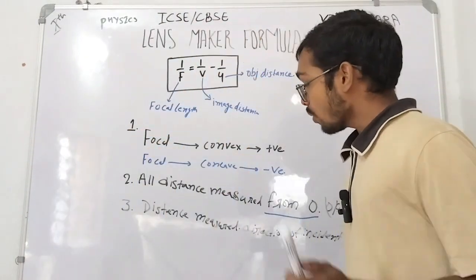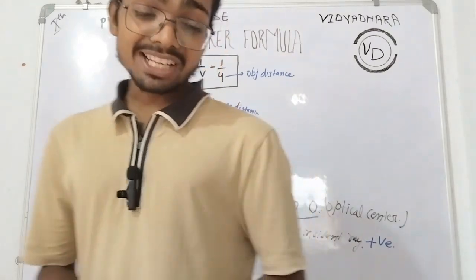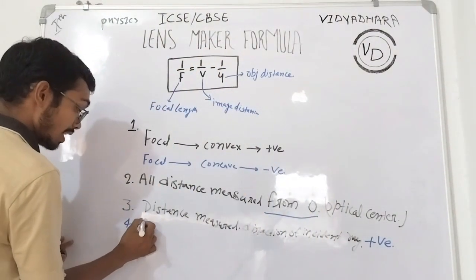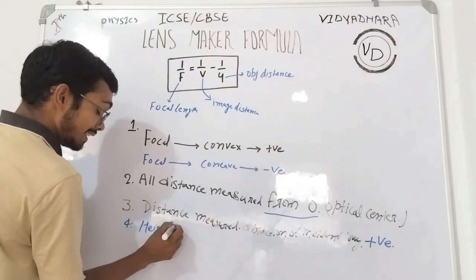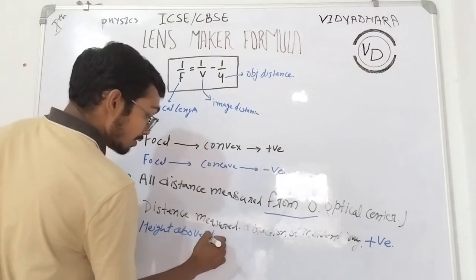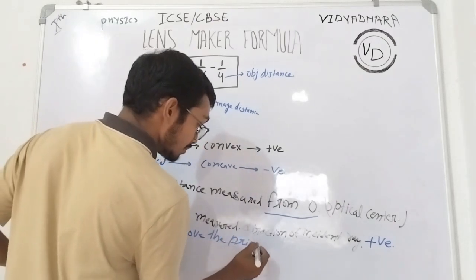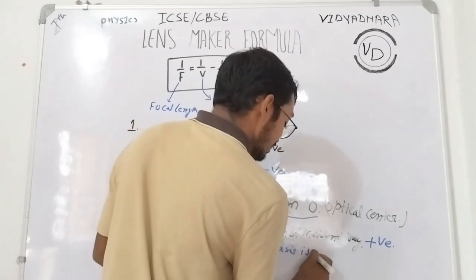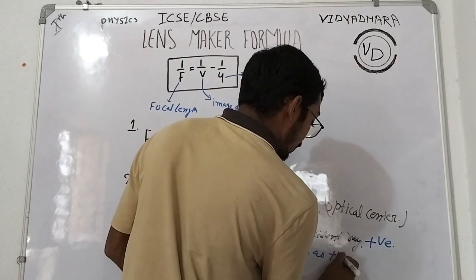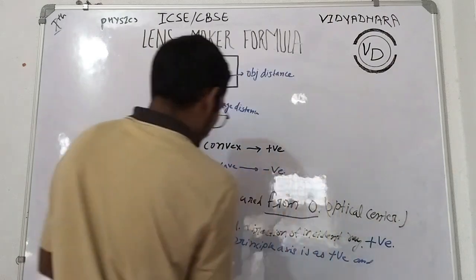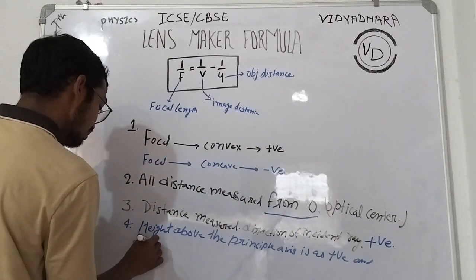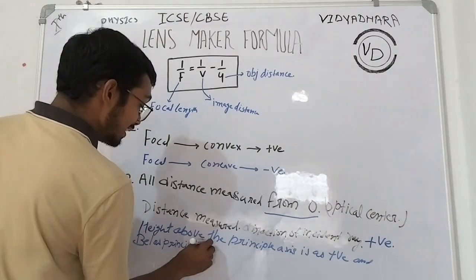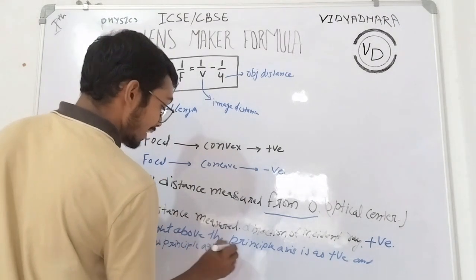And the last rule, which you already know, is the fourth: height above the principal axis is taken as positive, and below the principal axis is taken as negative.